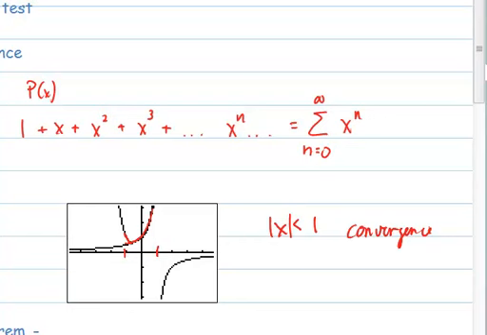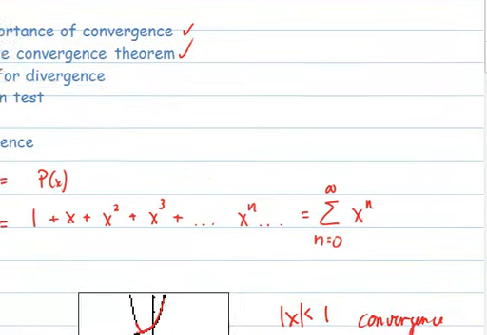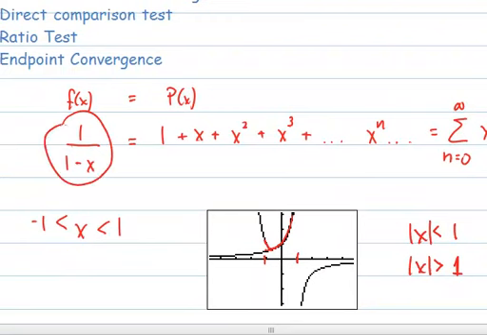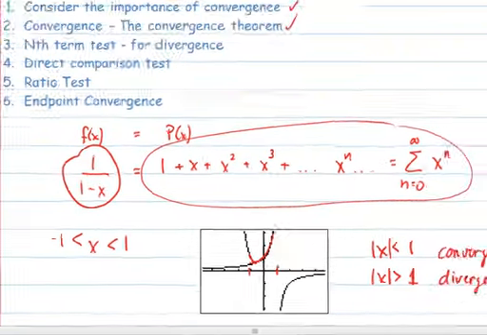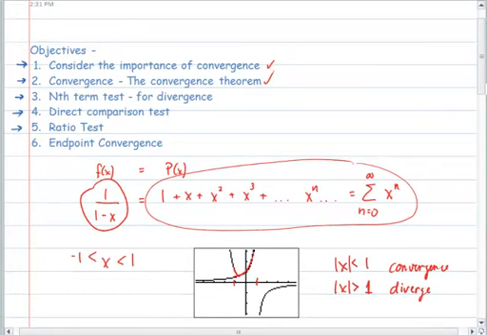If the x value exceeds 1 or -1, the function will diverge. All that means is that my function will not equal my infinite series. So we really want to find the conditions for which the function will equal the infinite series of polynomials.